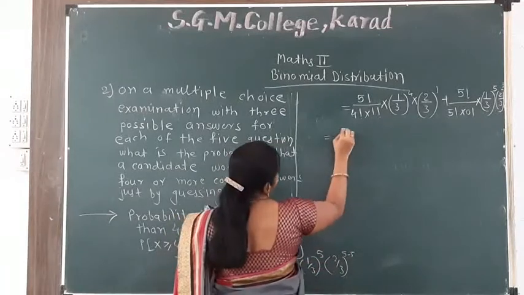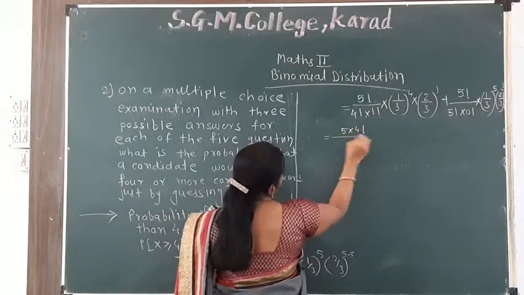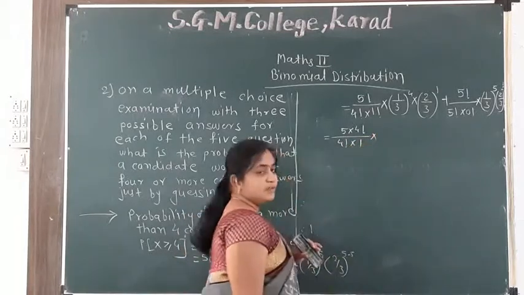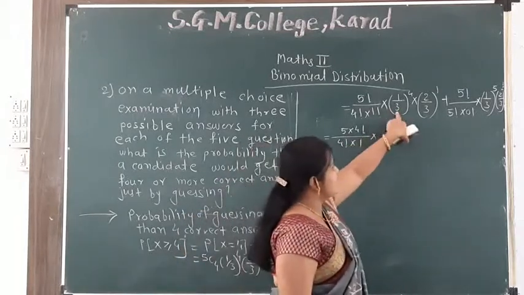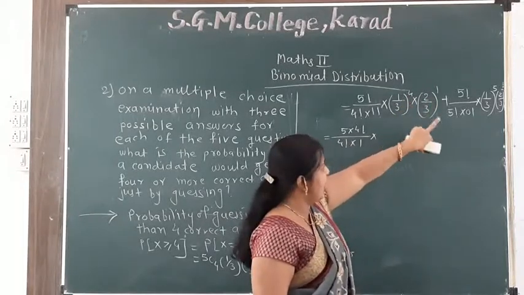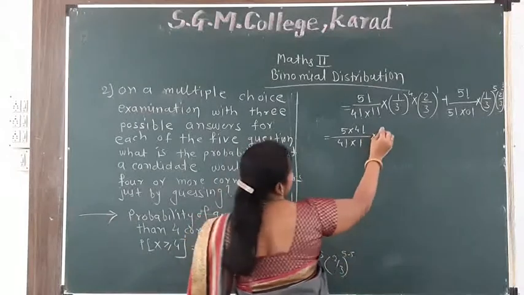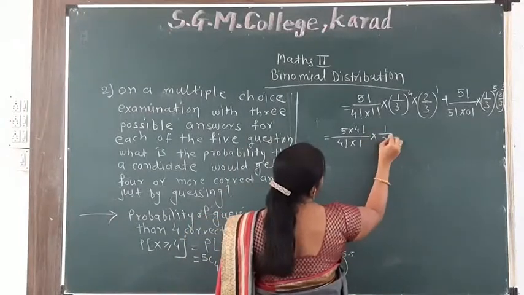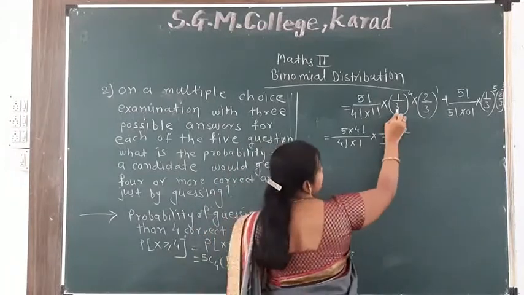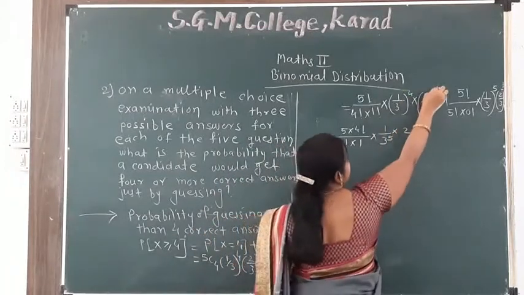So we get 5 multiplied by 4 factorial upon 4 factorial multiplied by what? The bases are the same, so the powers are added. So (1/3) raised to the power 5 multiplied by 2, because the power of 3 here is 4 and the power of 3 there is 1.